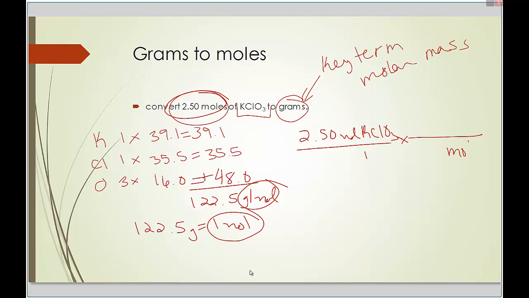Notice that the 1 goes with moles. 122.5 grams are in that many, is the molar mass. So it would be 2.5 times 122.5. That comes out to be 306 grams of KClO3.